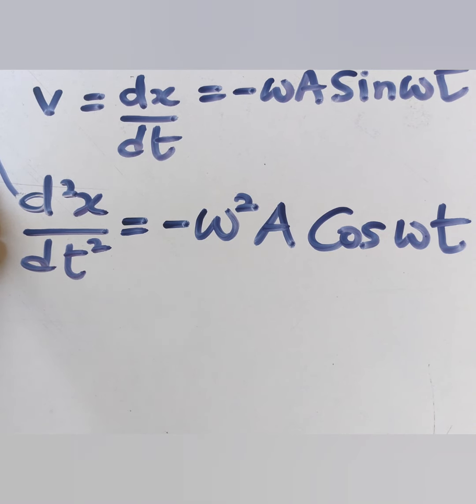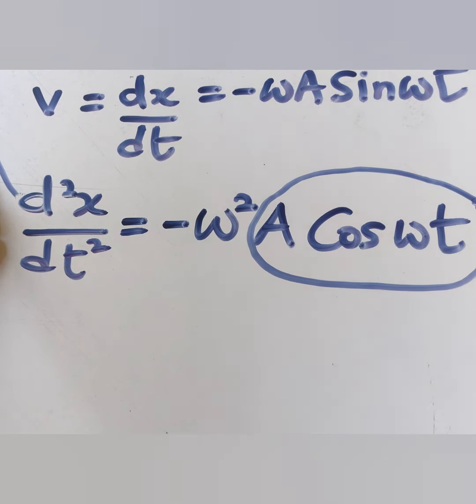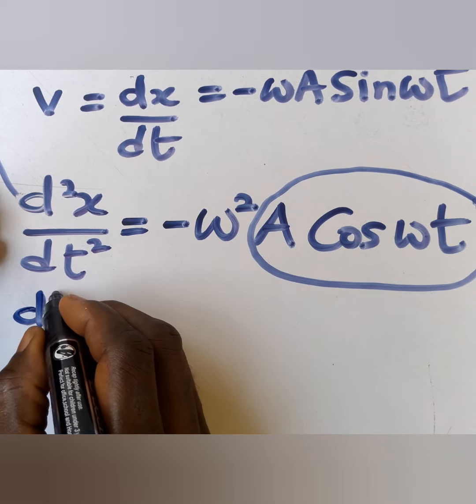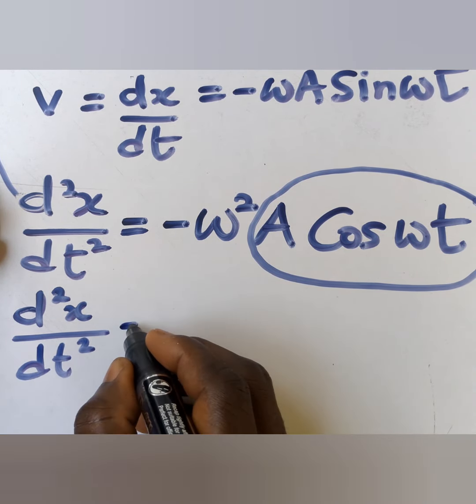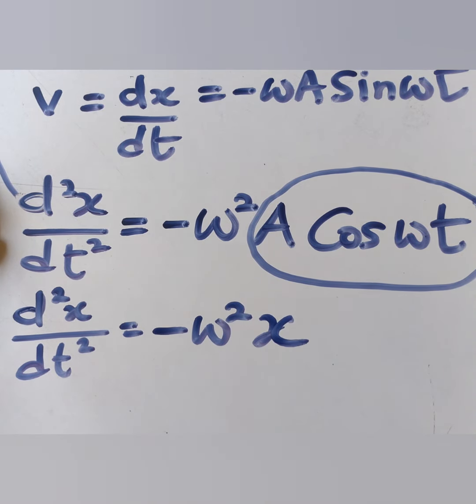But take note that A cos omega t is our x, which is where we are coming from. So that tells us that d squared x over dt squared is equal to minus omega squared x.